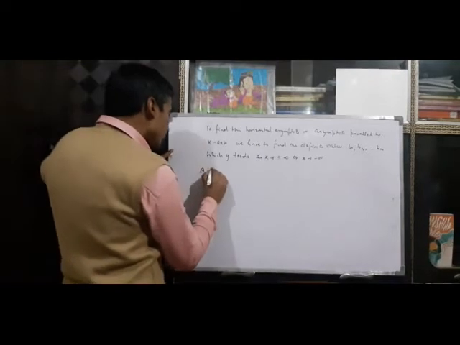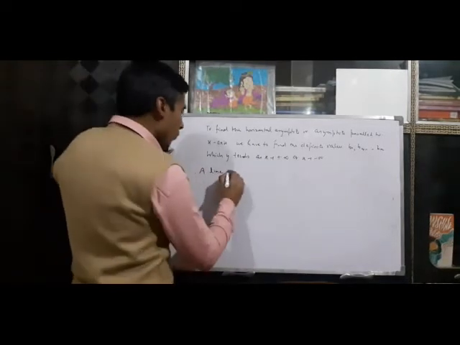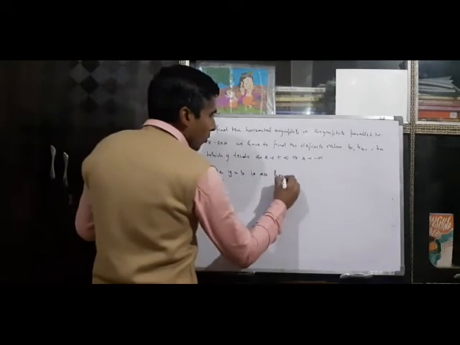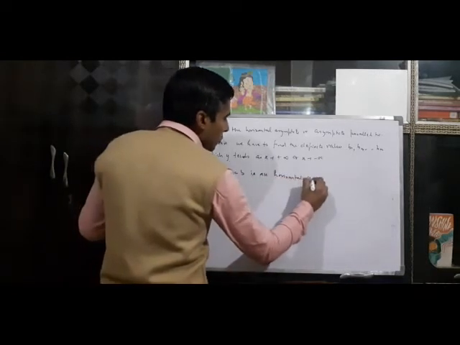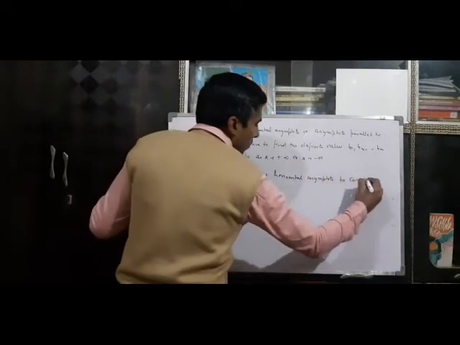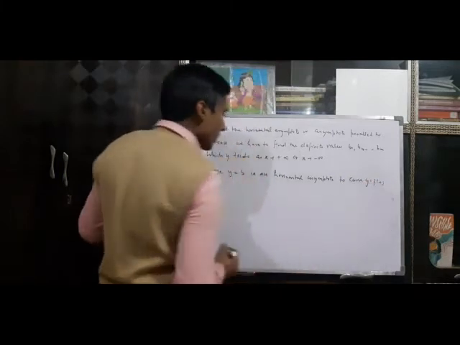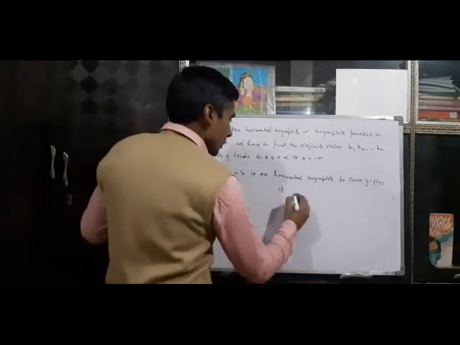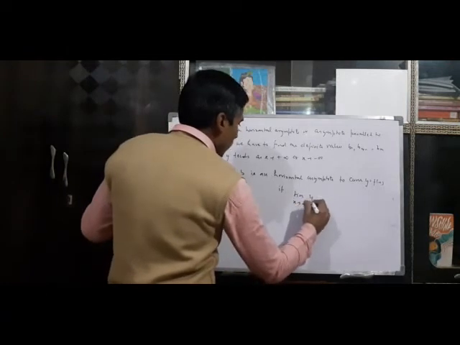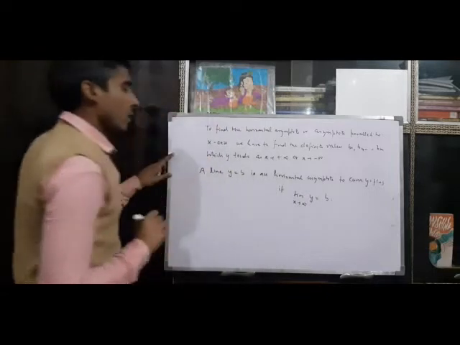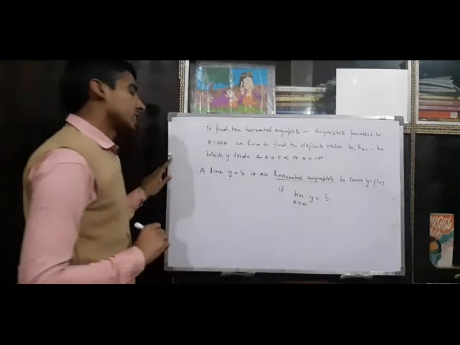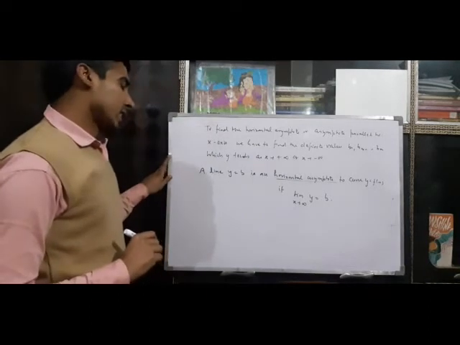A line y equal to b is a horizontal asymptote to curve y equal to f(x) if limit x tends to infinity, y is b. This is the definition of horizontal asymptote, or you can say an asymptote parallel to x-axis.